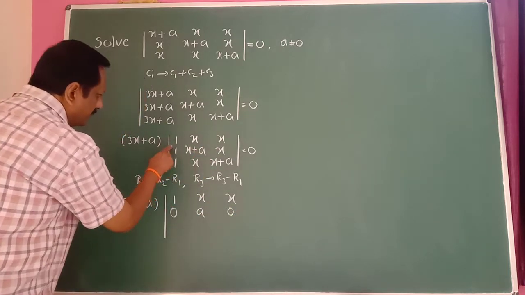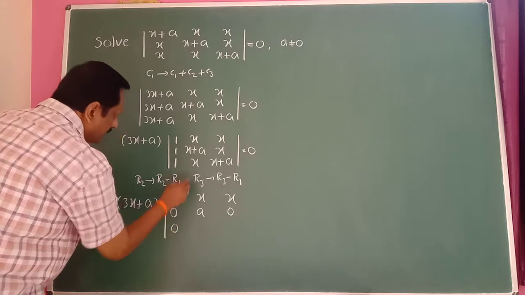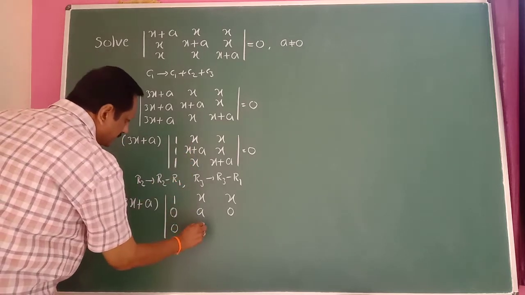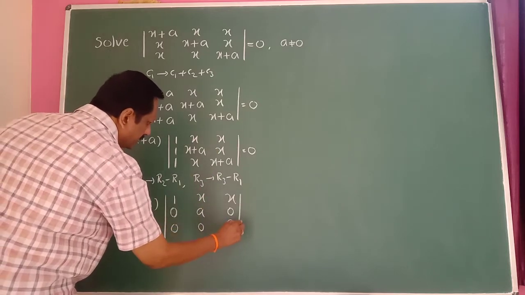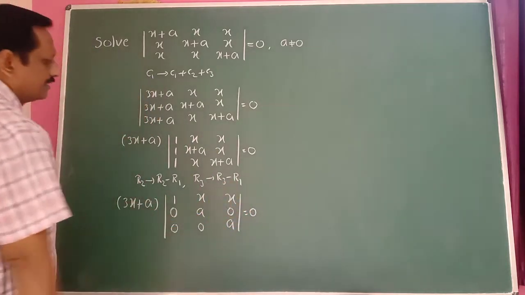Here 1 minus 1 becomes 0, x and x cancel, remaining is a. Then x and x cancel, giving 0. 1 minus 1 becomes 0, x and x cancel, it is 0, and x and x cancel, remaining is a. That is equal to 0.